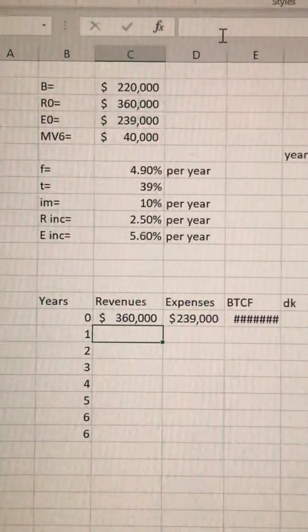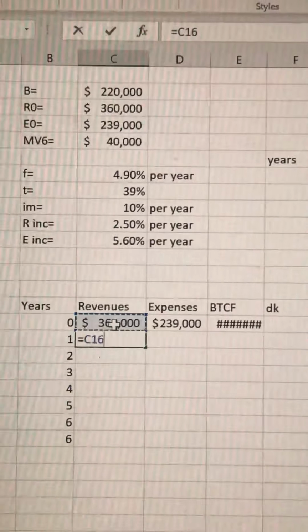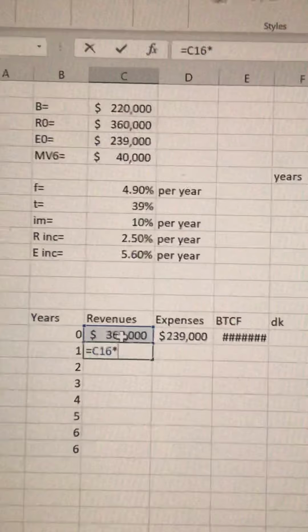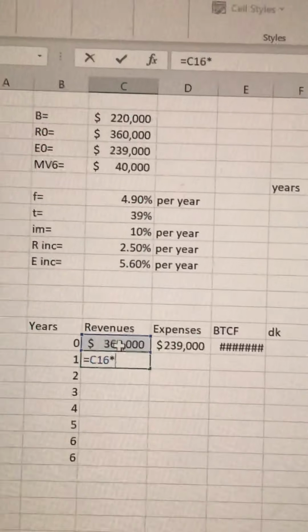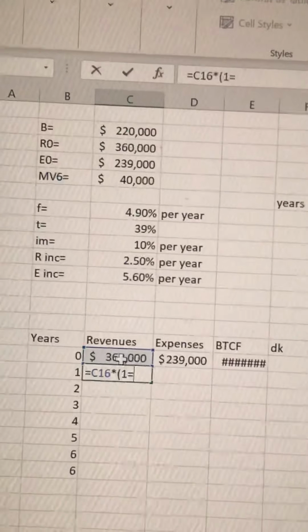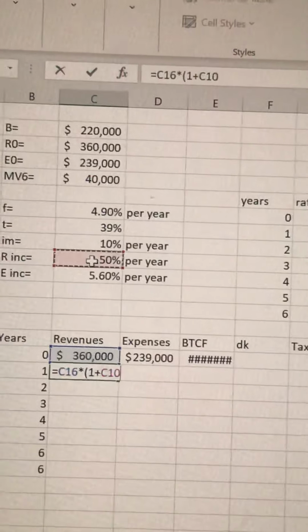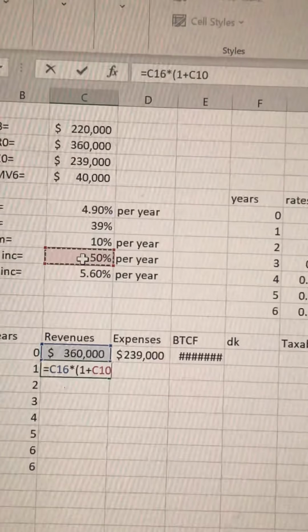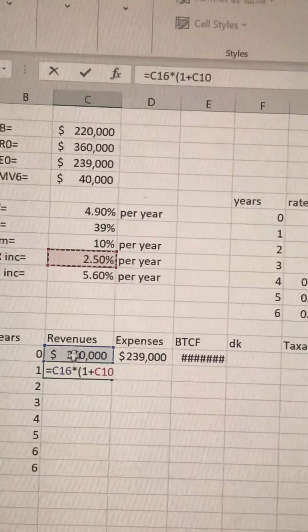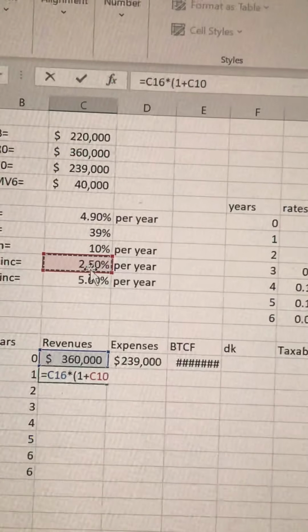So for year 1, it's going to be equal to this amount times 1 plus this rate, so that we can get this value for year 1 plus the 2.5% increase.